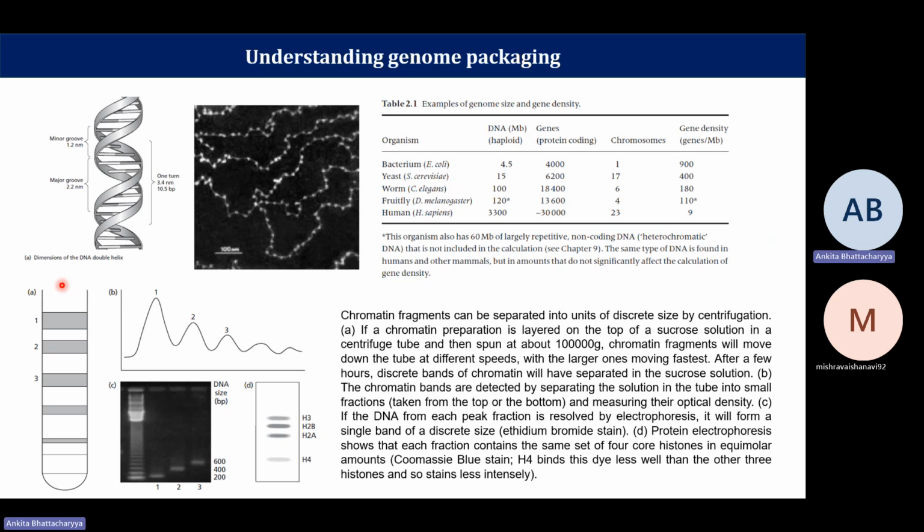The chromatin bands can actually be detected by separating the solution in the tube into very small fractions, like I already mentioned, and measuring their optical density. If the DNA from each of these peak fractions is resolved by electrophoresis, it will form a single band of discrete size.